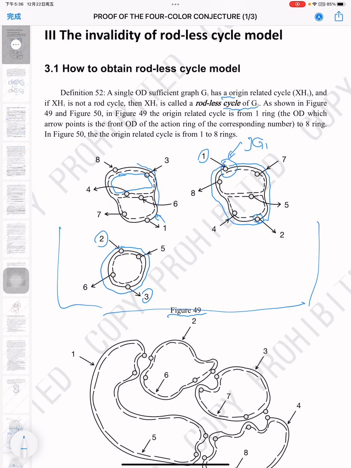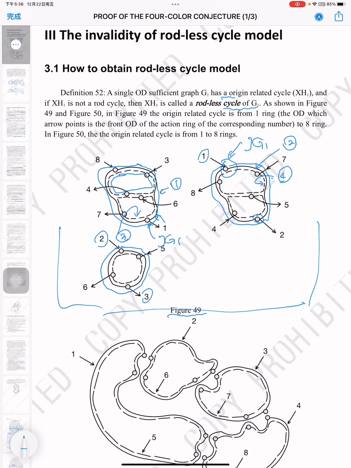This ring acts first, and this ring acts second, and this ring acts third, and this ring acts fourth.